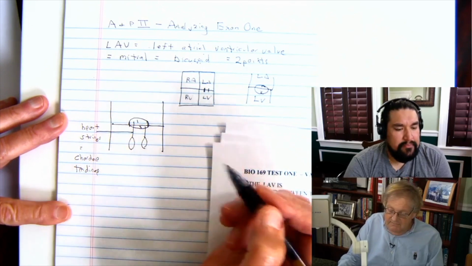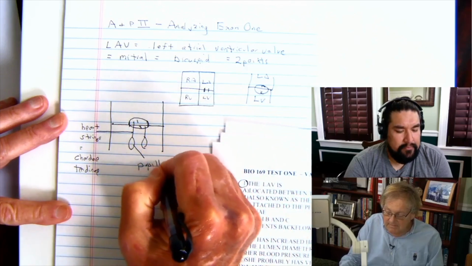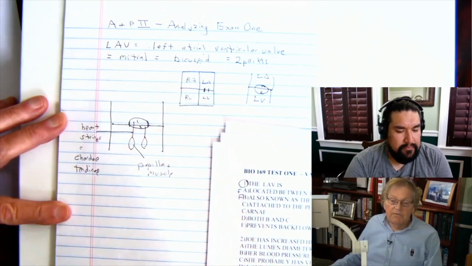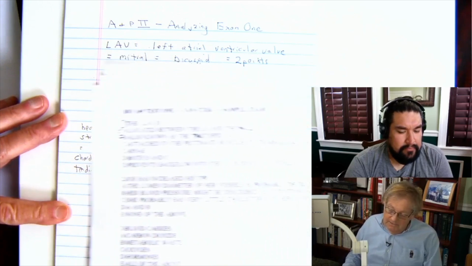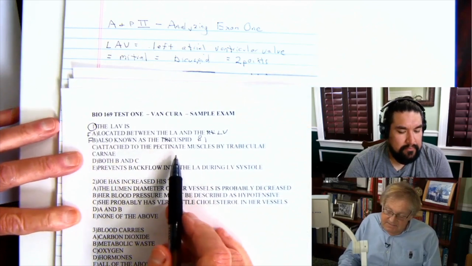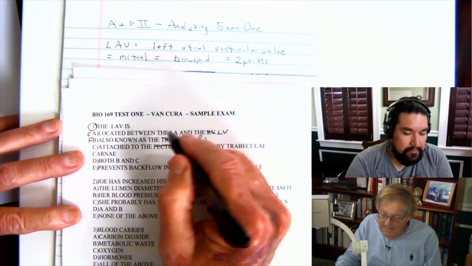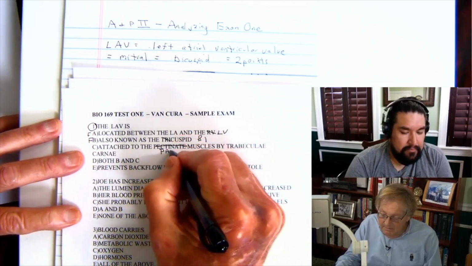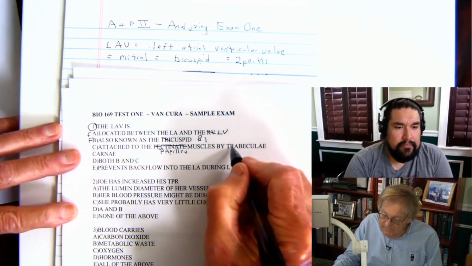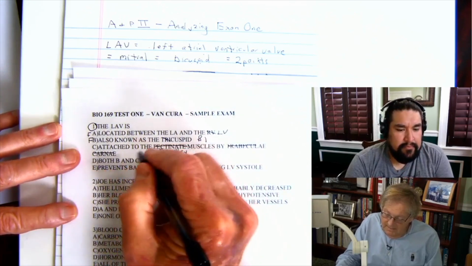And of course, that's in the left ventricle, and those are called papillary muscles. So now if we know the anatomy of the heart, when we go back to the question, it says the left atrial ventricular valve says it's attached to pectinate. Of course, we know that's now going to be papillary. And by trabeculae carneae, and we know that's going to be wrong because we know it's going to be by chordae tendineae.